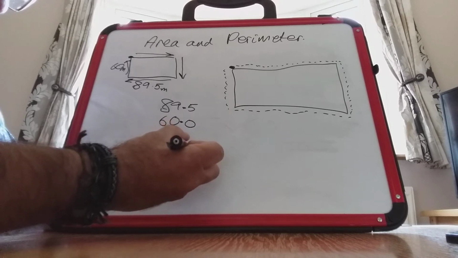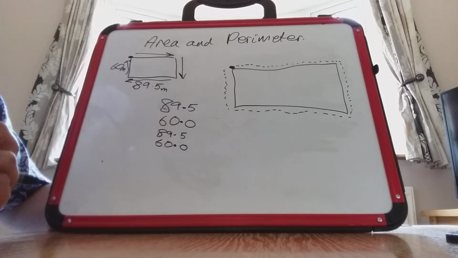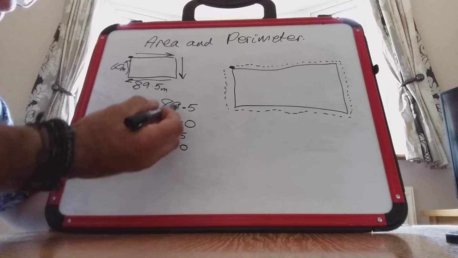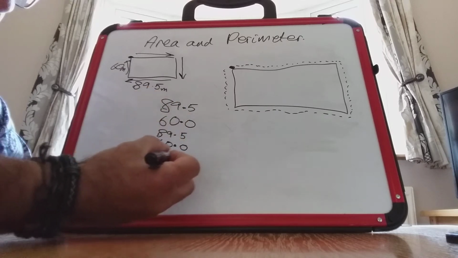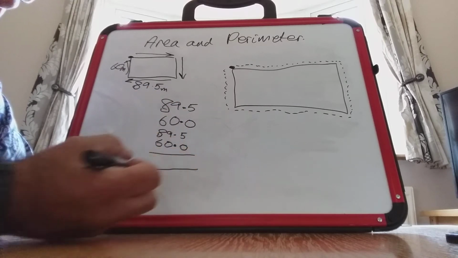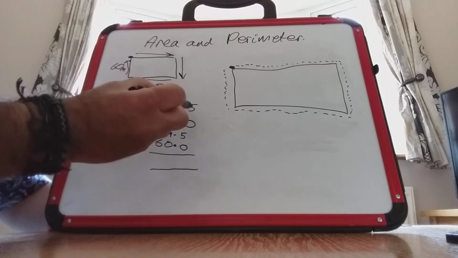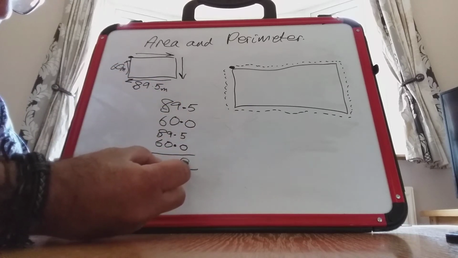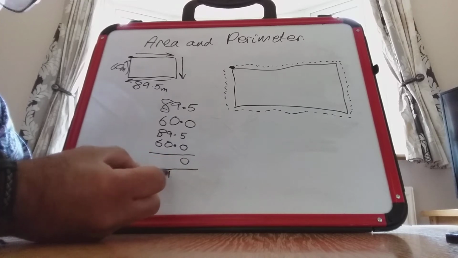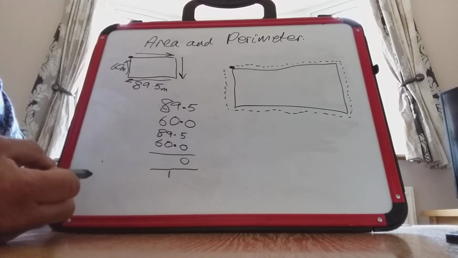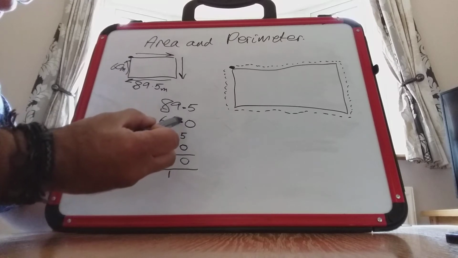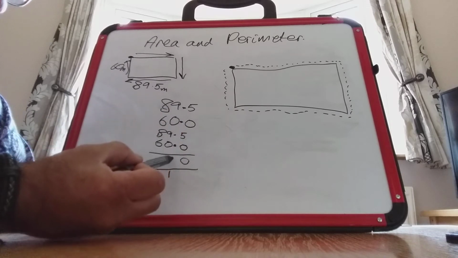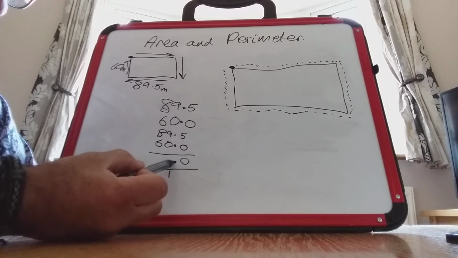We'll put 60.0 just to make sure that all the decimal points line up, and then all we have to do is add up all of those numbers. So 5 plus 5 is 10, so we have a 0 here and a 1 in the next column, just like any other column addition. However, because we've got decimal points, we need to put a decimal point just there.